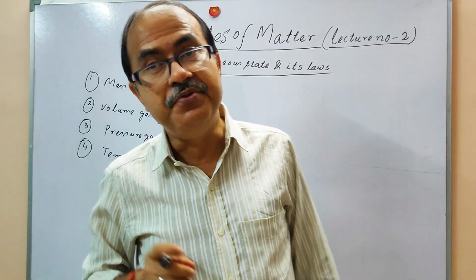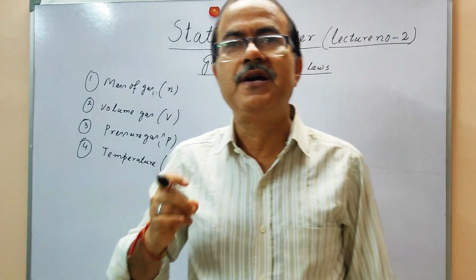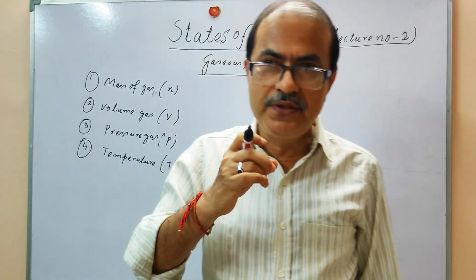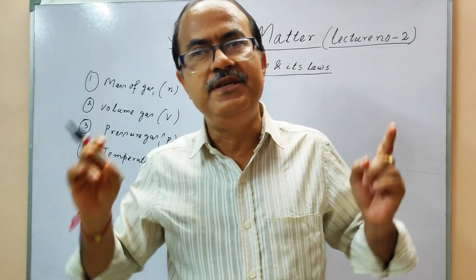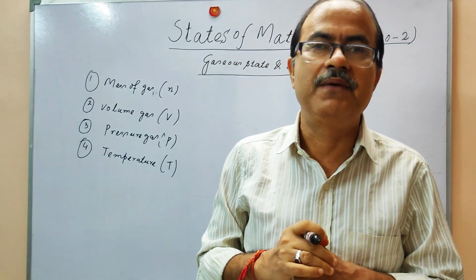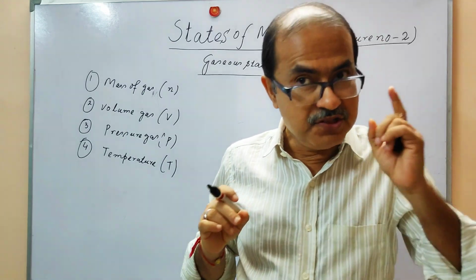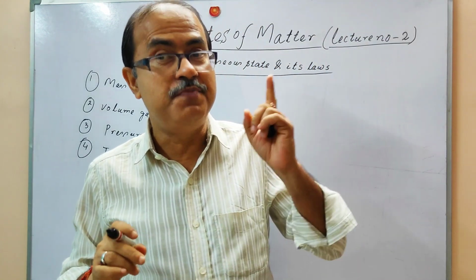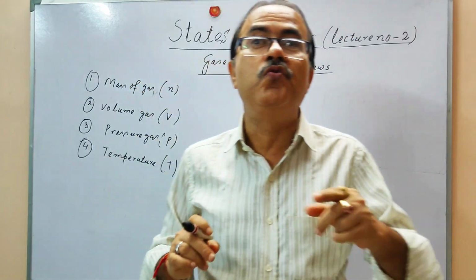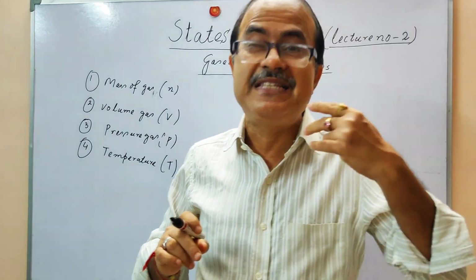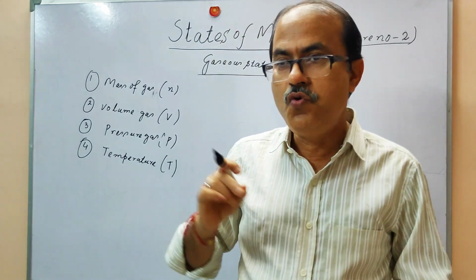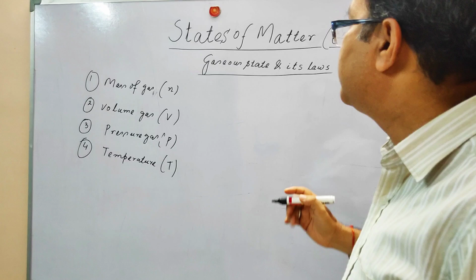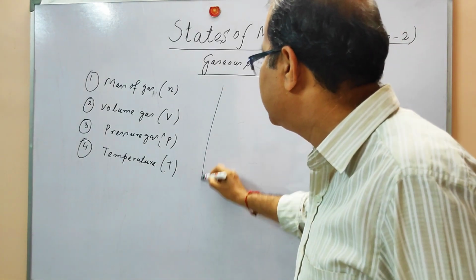Over a period of time, different scientists have tried their best to find the interrelationship between these measurable parameters, and this interrelationship gives us the state of the gas. So in this lecture we are going to discuss the very important gaseous laws.